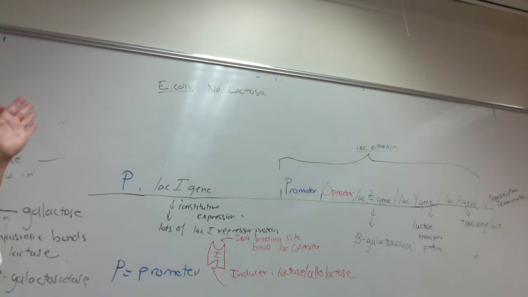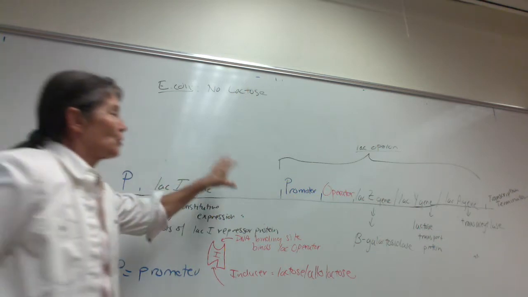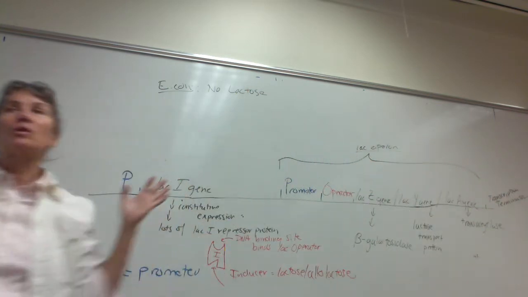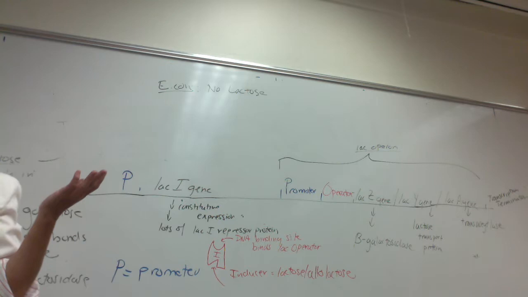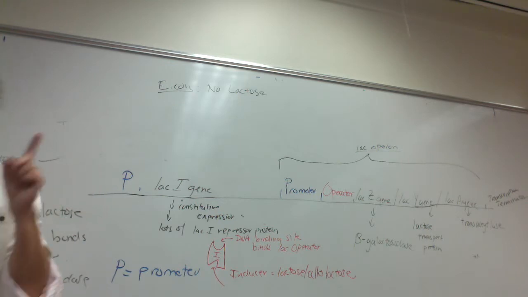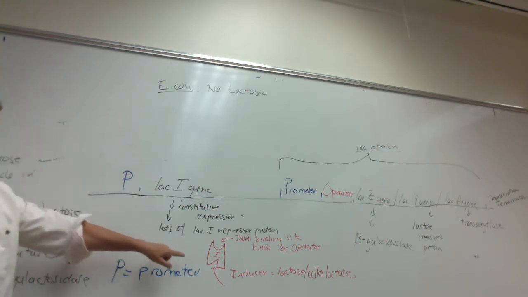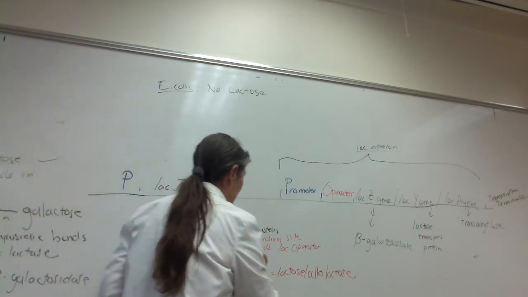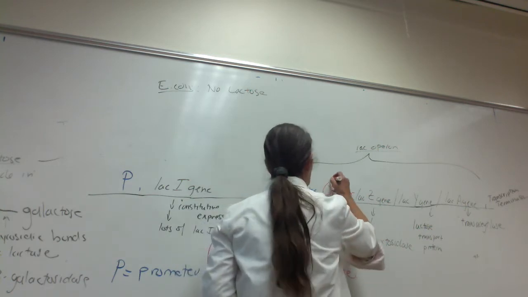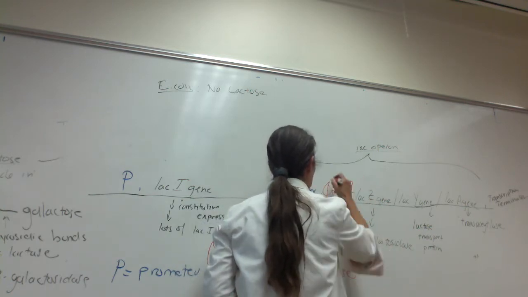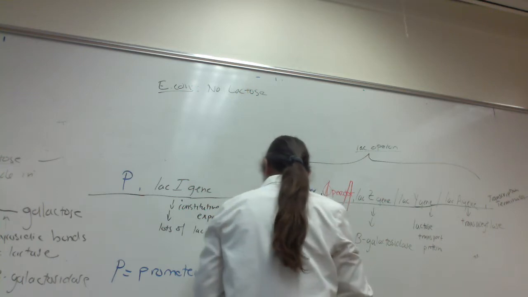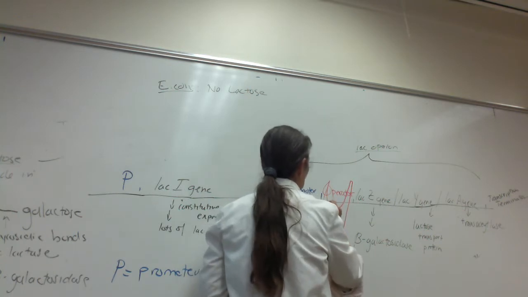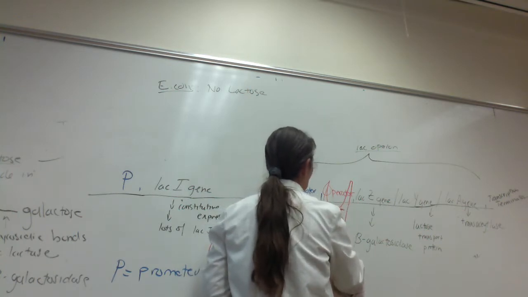Would it make survival sense for E. coli to transcribe and translate all these genes when there's no lactose in the environment? Does that make survival sense? No, it's wasteful, right? So when there's no lactose in the environment, the Lac repressor protein comes over here and it binds to the operator. I'll make it great big. It binds to the operator. So we'll put the Lac repressor. What does repress mean?